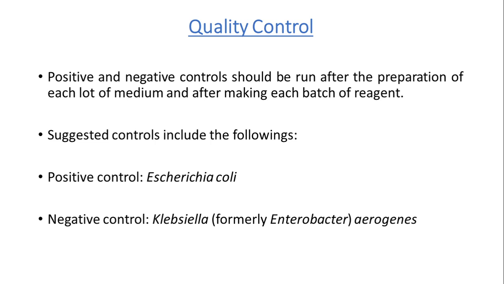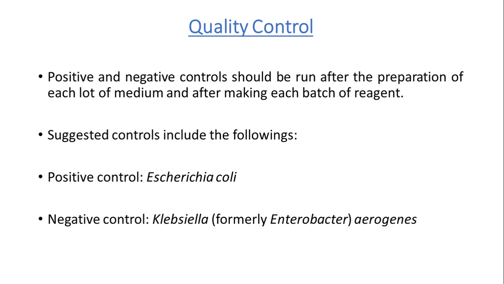Whenever we perform a biochemical test, we also have to make sure that the media is properly supporting the growth of the microorganisms and the reagents are also working properly. So for that we can prepare the positive control by inoculating organisms which give that test positive.